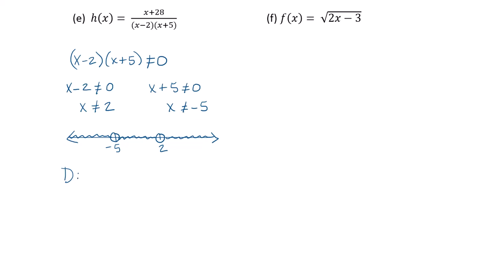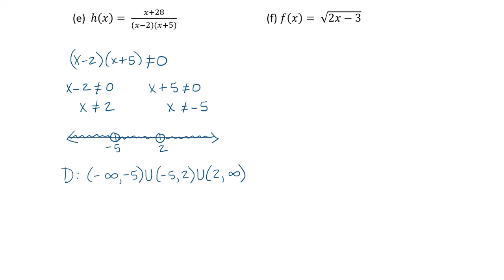The domain is going to be from negative infinity to negative 5, union negative 5 to 2, union 2 to positive infinity.